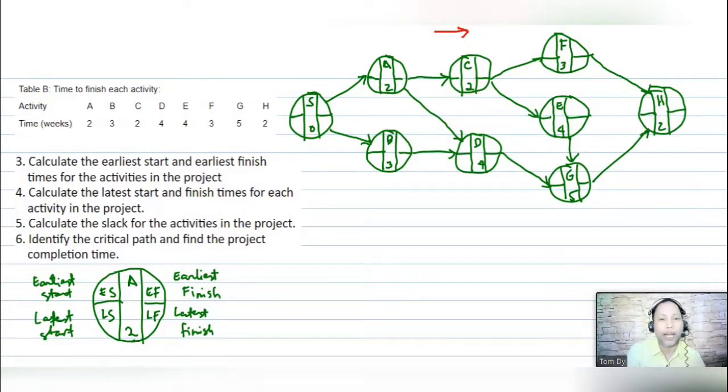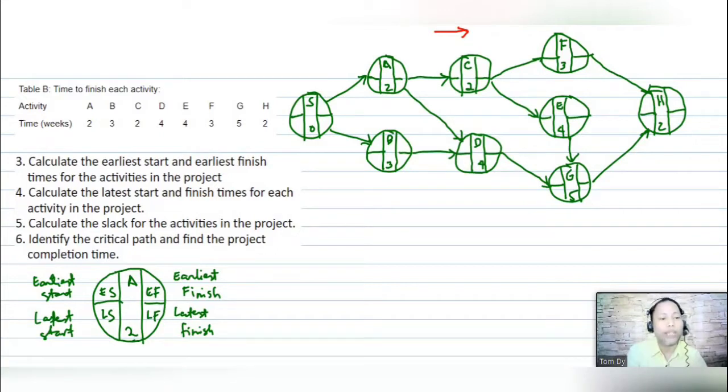If an activity has only a single immediate predecessor, its earliest start equals the earliest finish of the predecessor.